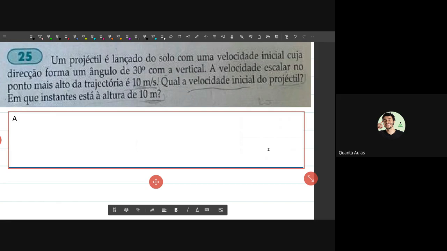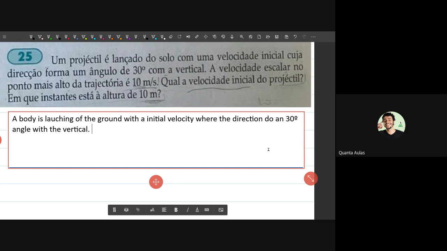A body is launching off the ground with an initial velocity, where the direction makes a 30 degrees angle with the vertical.